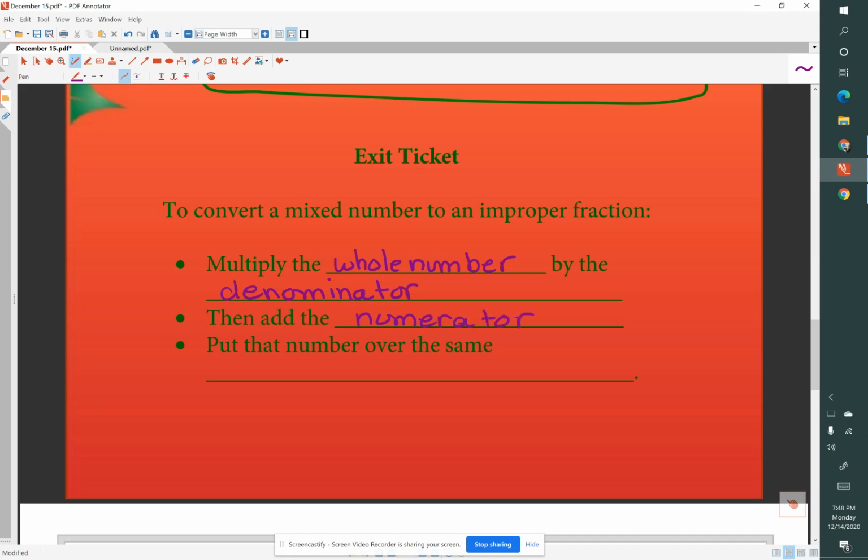And now you've got this new number, and put that number over the same old denominator. So I know those are getting a little hard, but go slow. Be a superstar, because with practice, you'll be great.